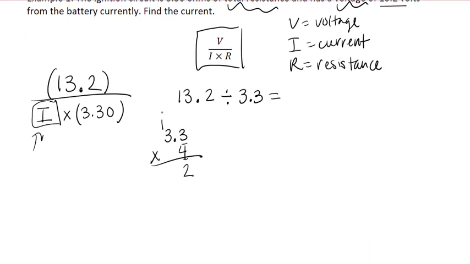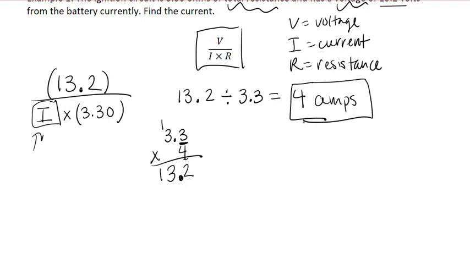Carry the 1. 3 times 4 is 12, plus the 1 is 13. Then we need to deal with this decimal of just one value. So we just move it over 1, and we have 13.2. So 13.2 divided by 3.3 is equal to 4. And then the current is measured in amps. So we'll say 4 amps. And that would be our solution to this problem.